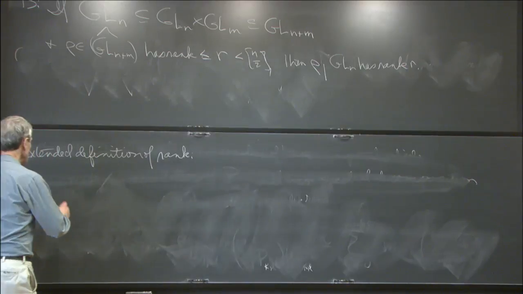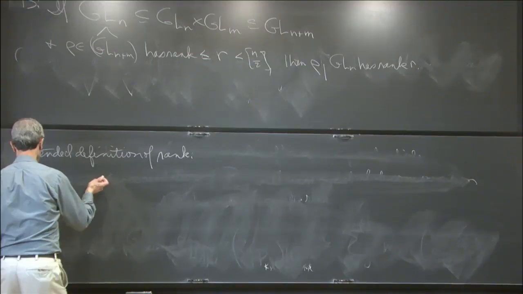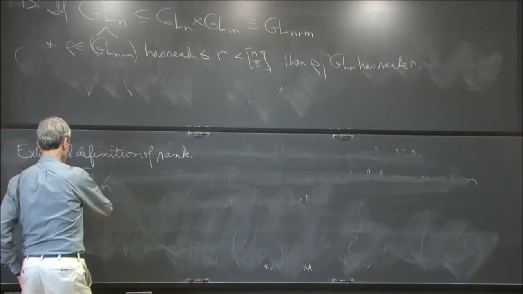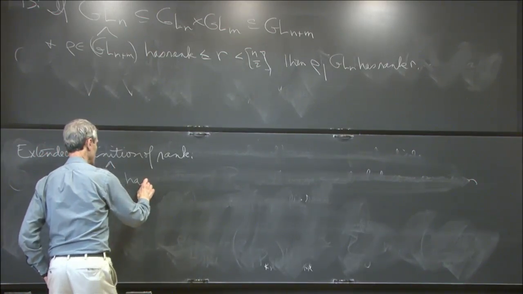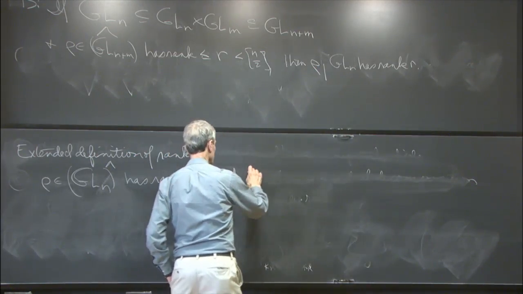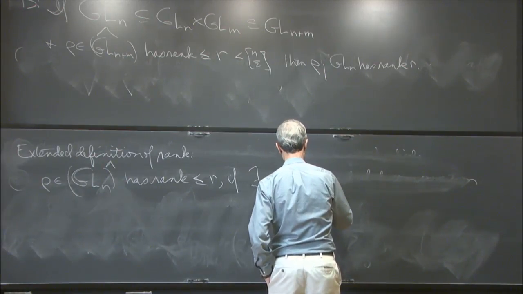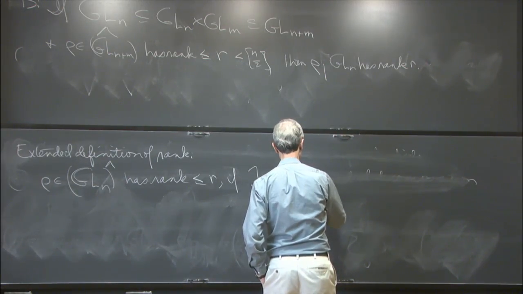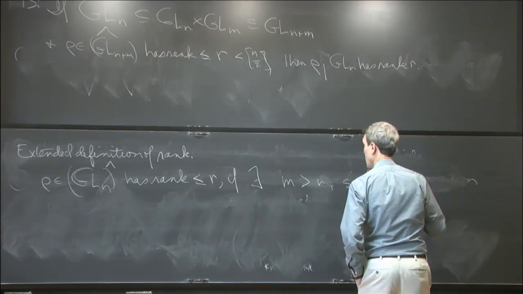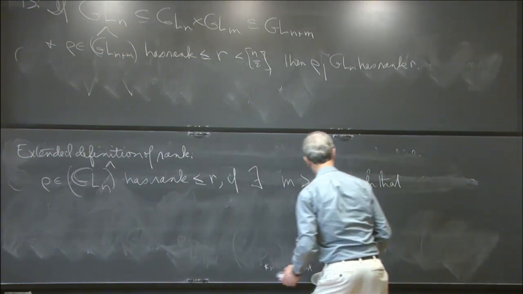So we can say that rho in GL_n hat has rank less than or equal to R if there exists some very big M, and a representation, right?